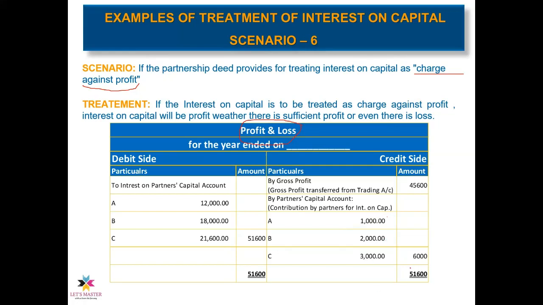So in total we have got 51,600, and this entire 51,600 has been distributed among the partners as interest on partners' capital account, because we need to consider this interest on capital as charged against profit.